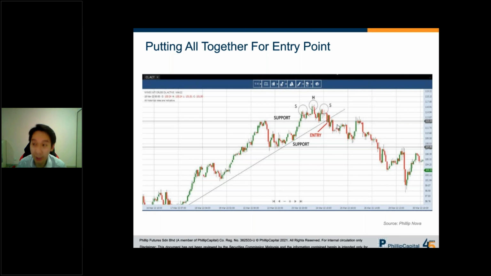Usually the best way is to wait for it to break first, break below the trend line and the support level at 113.15 here. Then when it retraces back, you look to enter a short position for this change of trend from uptrend to downtrend. So it happened between 24 and 25 March. It's the best time for you to enter a short position for crude oil.